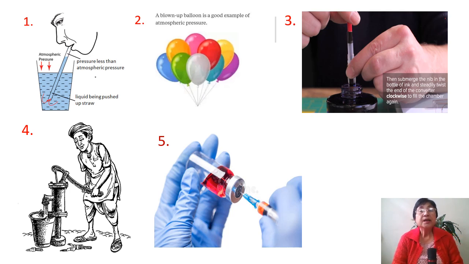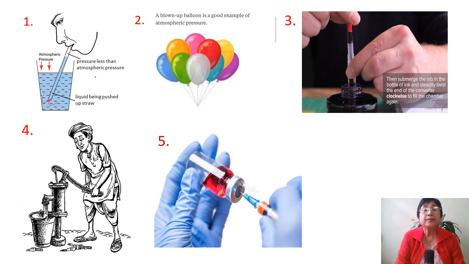So the air, be it inside a balloon, be it outside, once it is present inside a body, it will exert pressure, and exerting pressure helps the balloon to take the shape that you see.